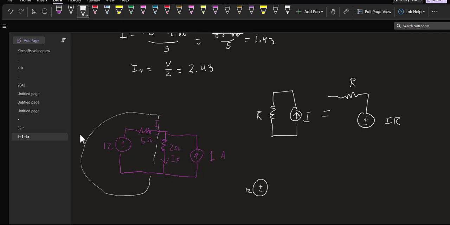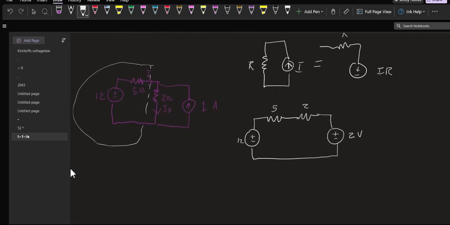So this would be 12, this is 5, and then I can replace this part with the resistor staying the same. The voltage source has the same polarity as the current source did. And this voltage source would be 2 volts.